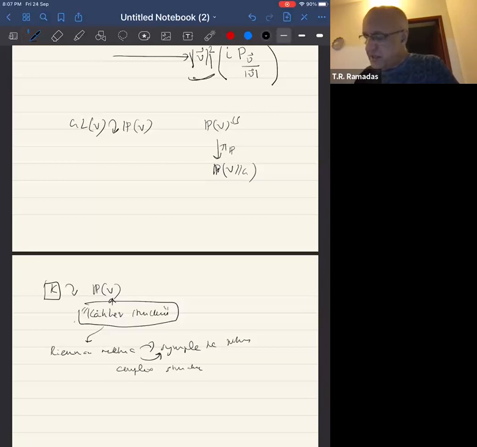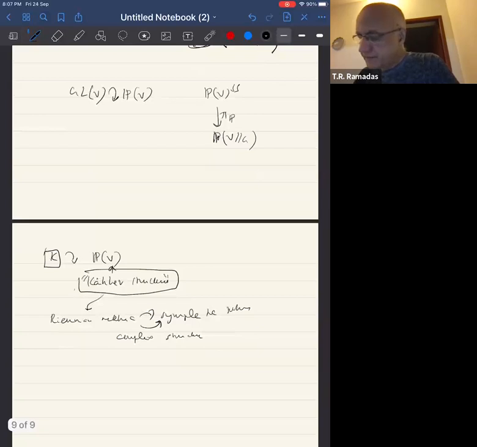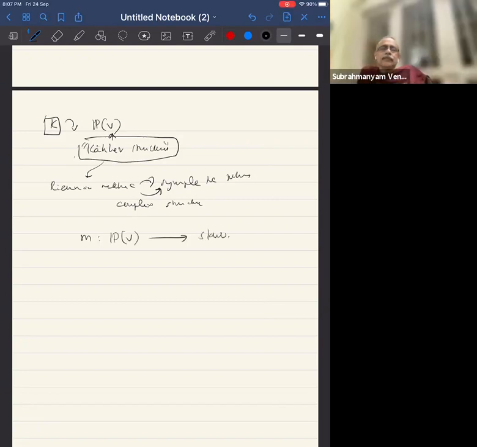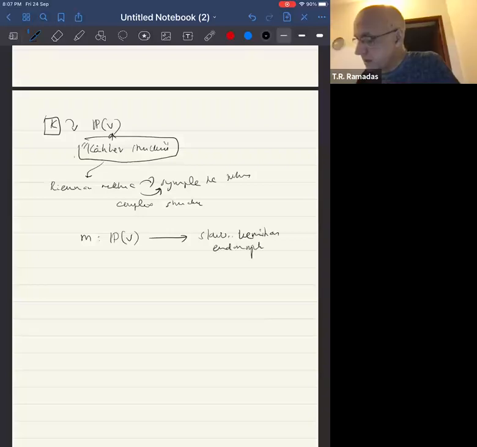Okay, so now K acts on PV, preserving the symplectic structure, whatever it is. I have not defined it. But if you believe it exists, there will be a moment map from PV to again skew Hermitian endomorphisms of V.